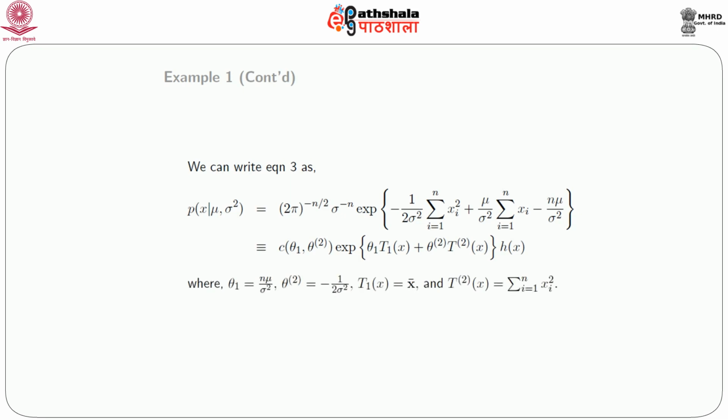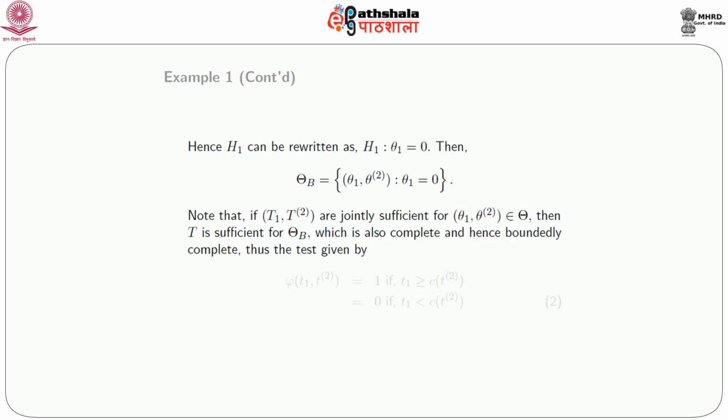Now the joint PDF of X₁, X₂, ..., Xₙ can be written in the form of a two-parameter exponential family. This is the form c(θ₁, θ₂) times exponential of (θ₁ T₁ + θ₂ T₂) times h(x), by proper choice of θ₁, T₁, θ₂, etc. Hence H₁ can be written as H₁: θ₁ = 0, then Θ_B equals the set of all (θ₁, θ₂) with θ₁ = 0.